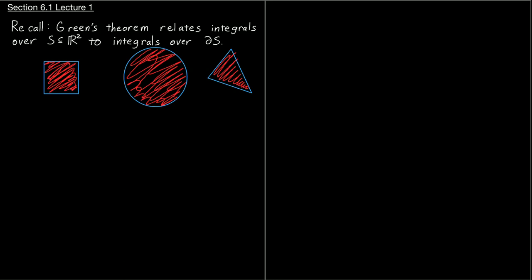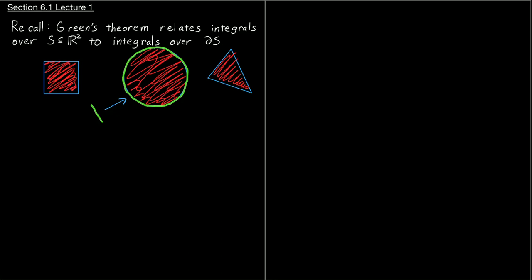So you can think of the boundary as being traced out by a parametric curve. That would be a function from, say, a one-dimensional interval mapping to the boundary.